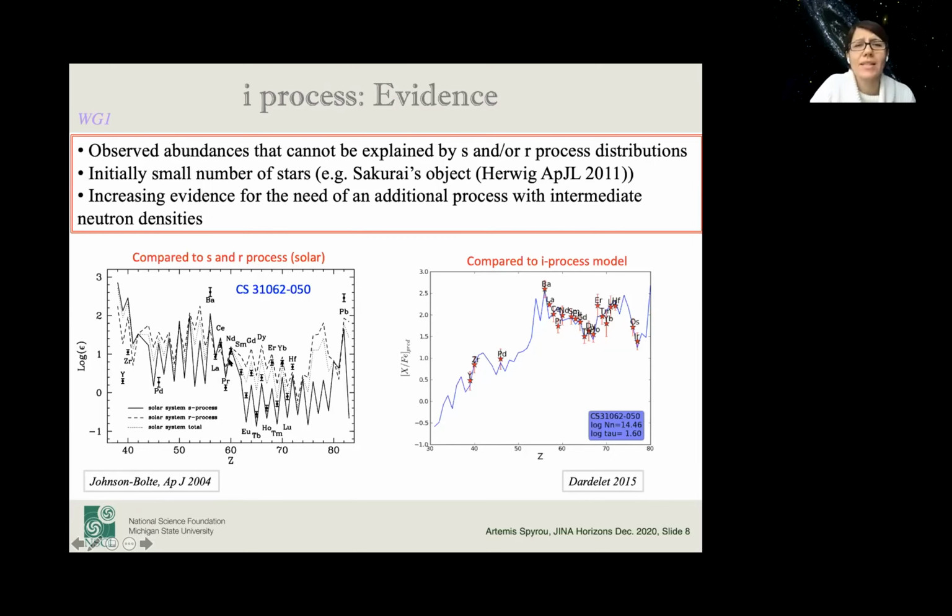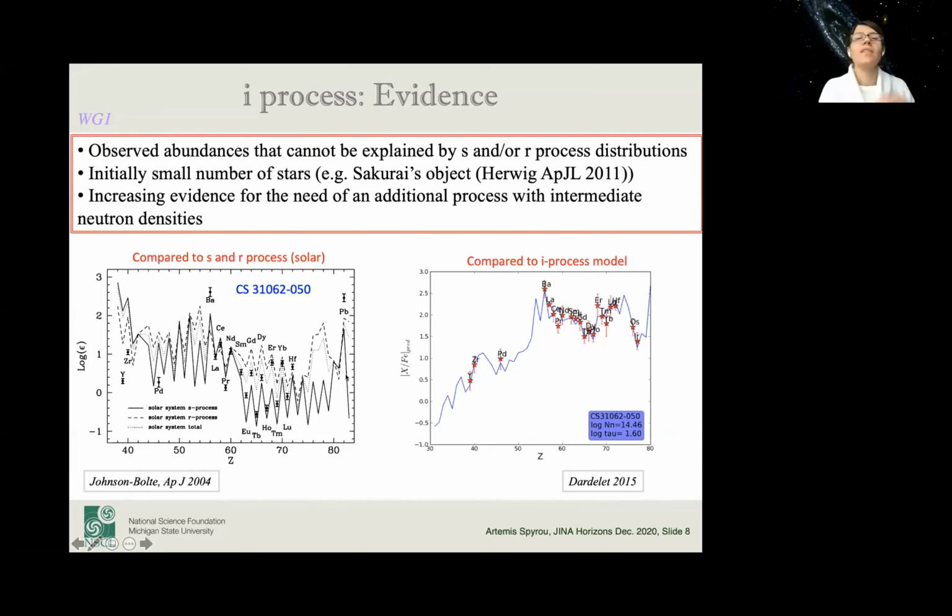And what we can see here is that none of these lines really follow what we see in this particular star. And then a few years later, this is Falk Herwig's group from the University of Victoria and the rest of the team. They introduced this i process model where you can see that for the same star, they could reproduce the whole distribution with their models.